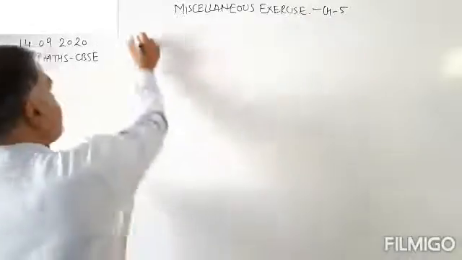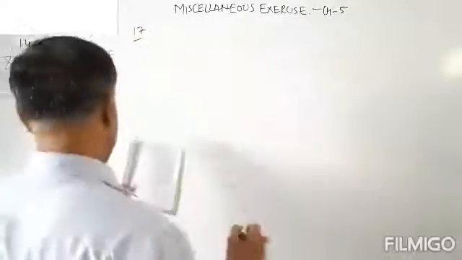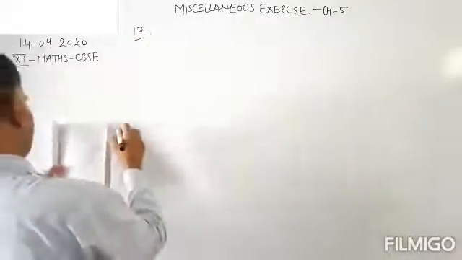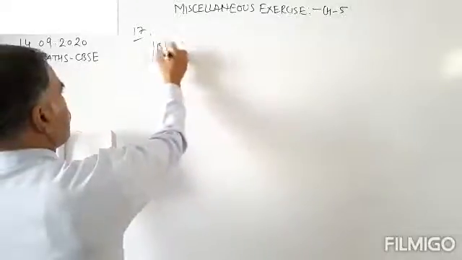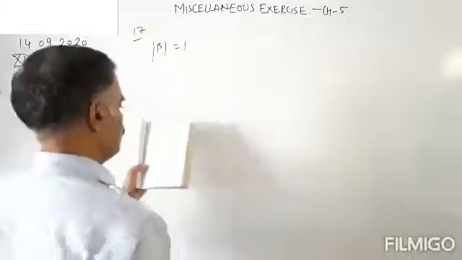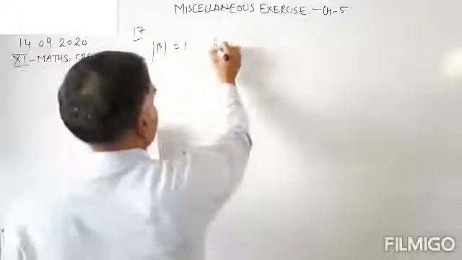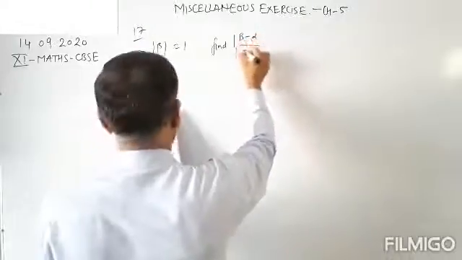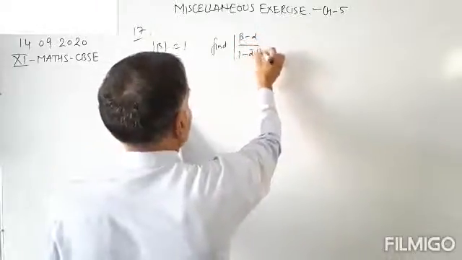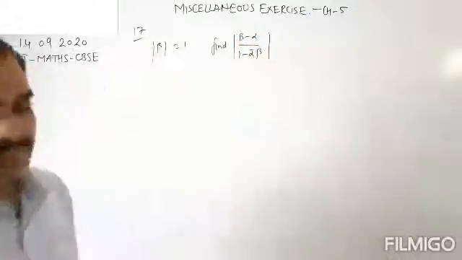Question number 17 is: if alpha and beta are different complex numbers with magnitude of beta equals 1, then find the magnitude of (beta minus alpha) upon (1 minus alpha bar beta). We have to find this.